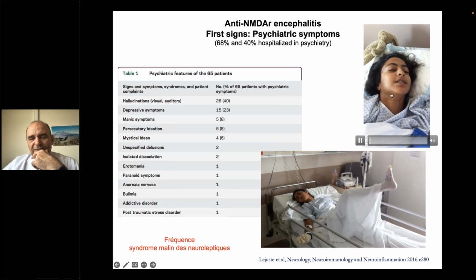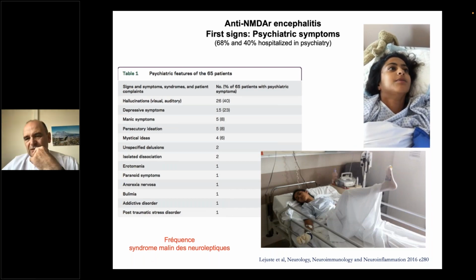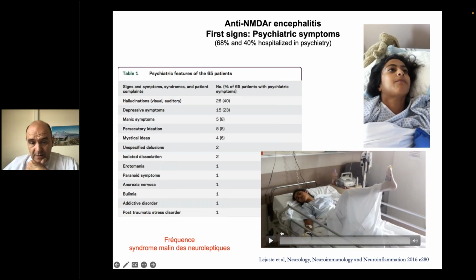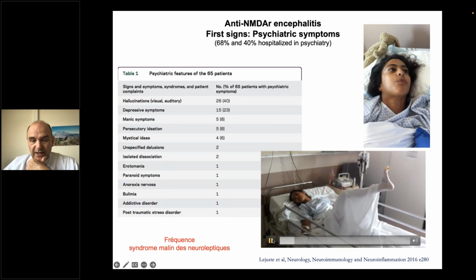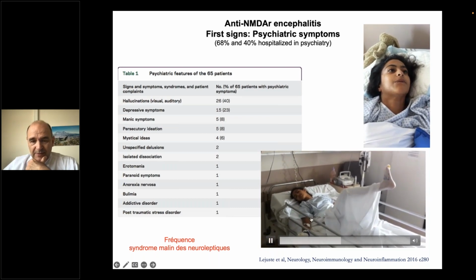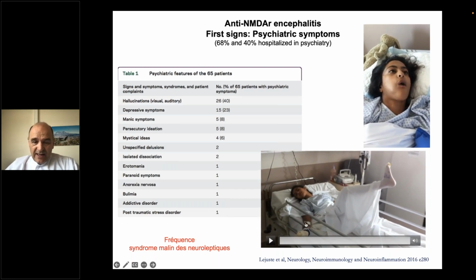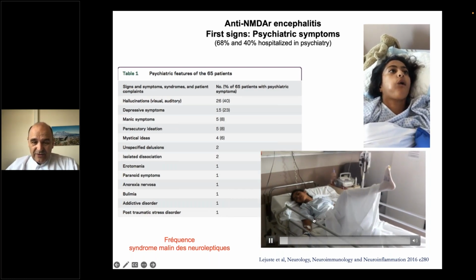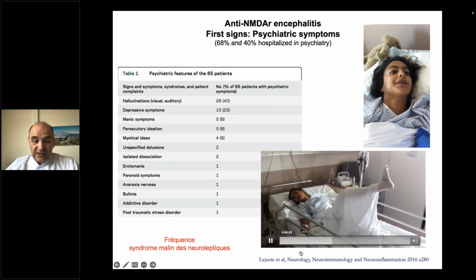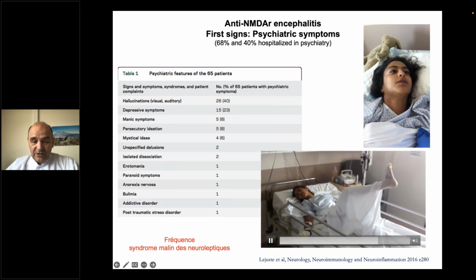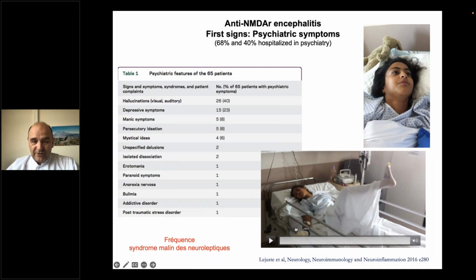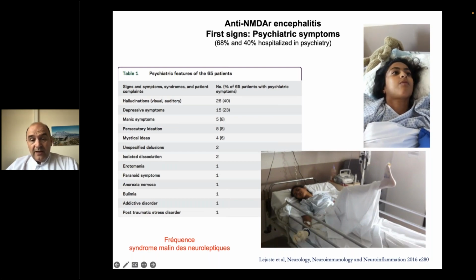There is not only the psychiatric symptoms, but also abnormal buccofacial dyskinesia and also catatonia. She kept her leg like this for 3 days, and she also hit her fingers. It was necessary to amputate 2 of her fingers.